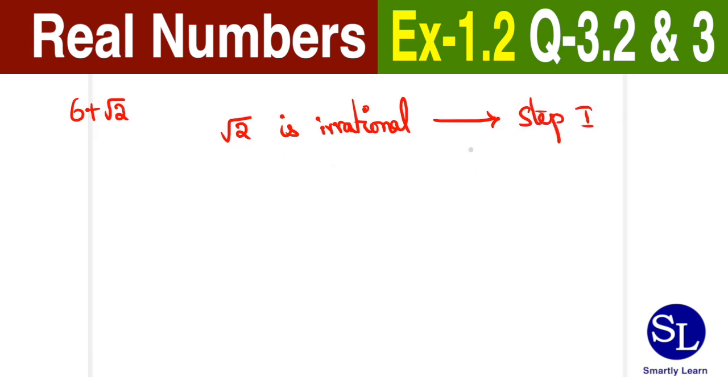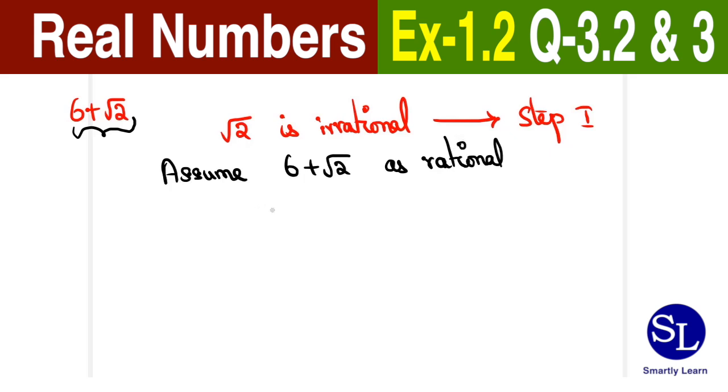Once we have proved root 2 is irrational, let's come to the second part where we assume 6 plus root 2 as rational. Once you assume 6 plus root 2 as rational, what does it mean? 6 plus root 2 can be written as A by B, where A and B are coprimes.